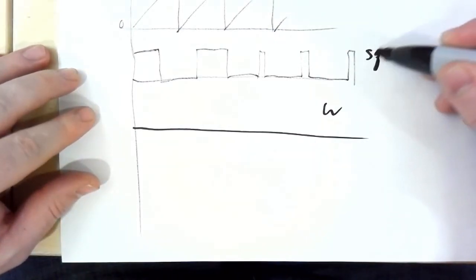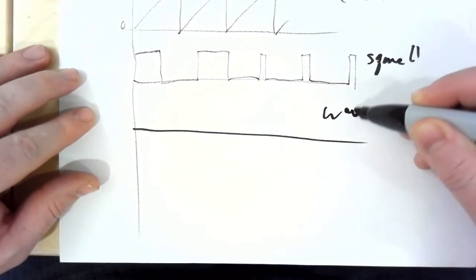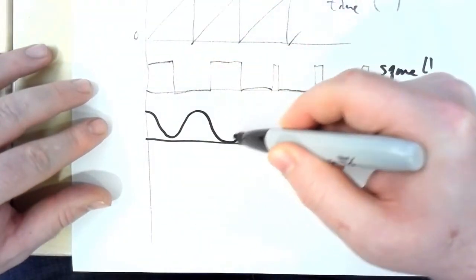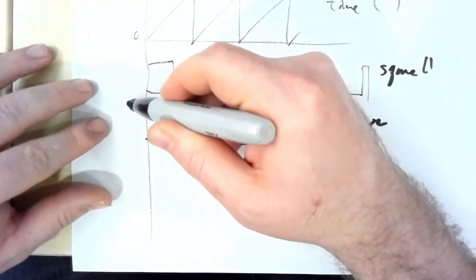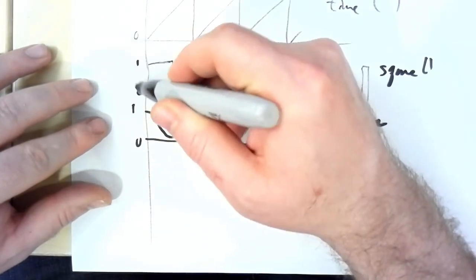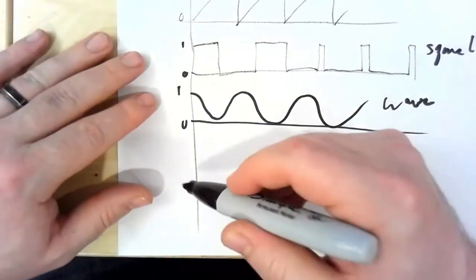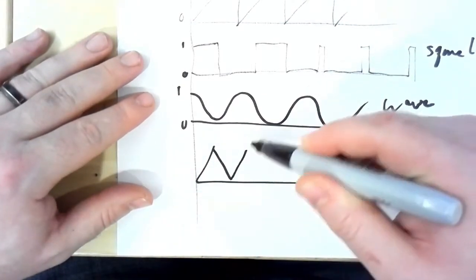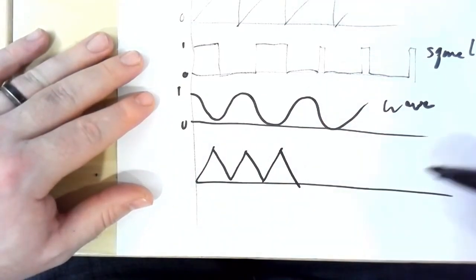So that's square. We got wave, which is our helpful sine wave. And we have the actually quite useful triangle.